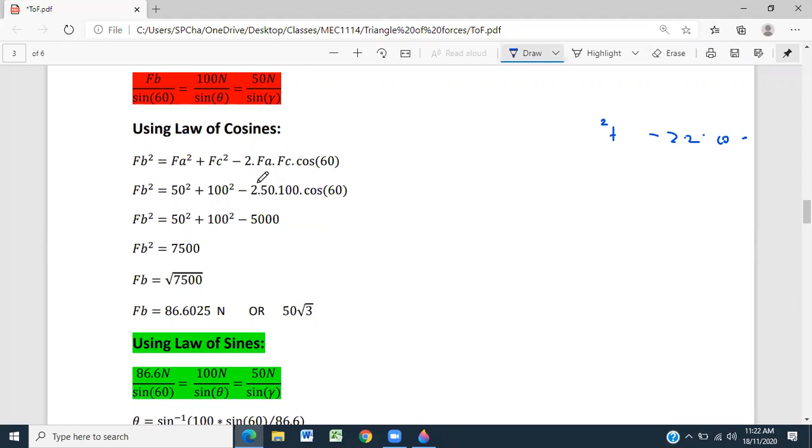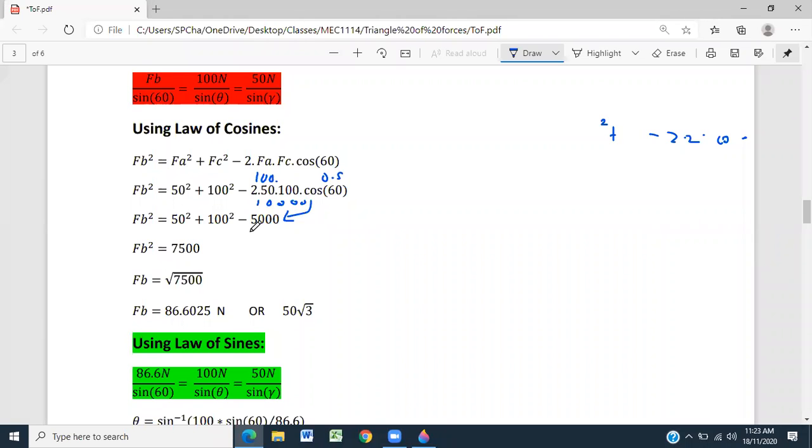Times 50 is 100. Right? So 100 times 100, right? This is 10,000. And cosine of 60 is 0.5. 0.5 of this here, which is 10,000, should give us 5,000. Yeah.